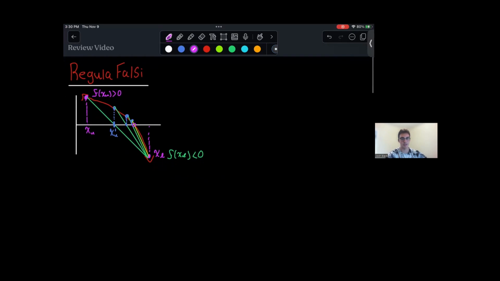Now let's derive this expression and convince ourselves that our equation is going to make sense. So we're creating a line. As we know, a line is y is equal to mx plus b. In this case, our slope is going to be from this distance here and our y-axis.